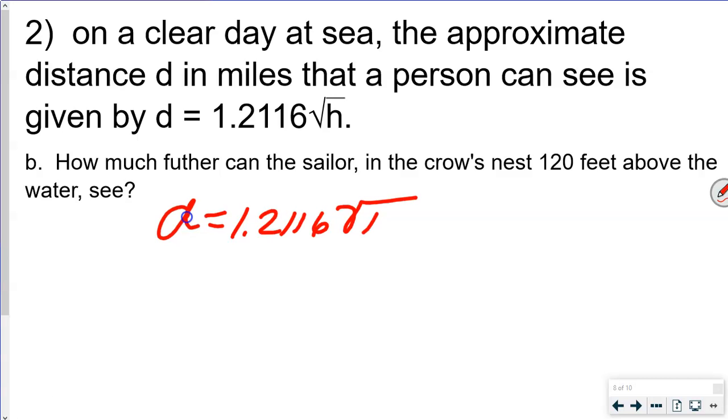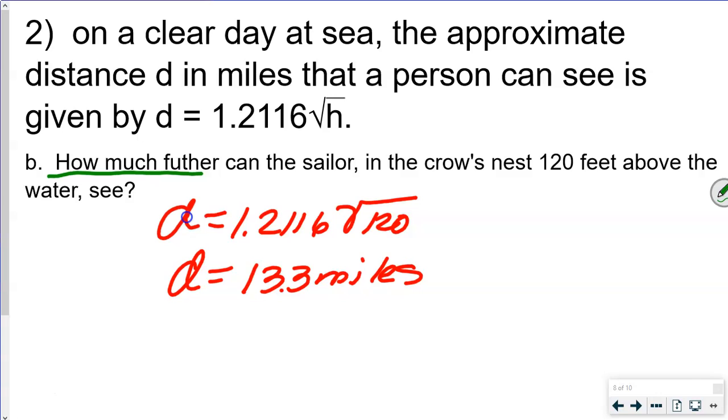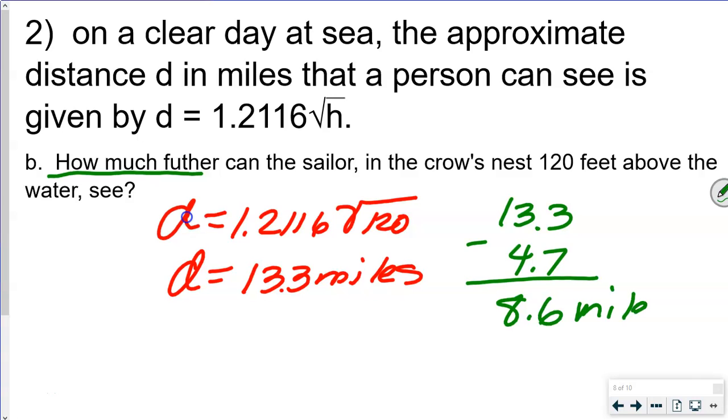This time h is 120, right? So the distance here is going to be 13.3 miles. Now, here's the thing. The problem asks us how much further. So we have to take that 13.3 and subtract from it that 4.7. And when we do that, we get 8.6 miles.